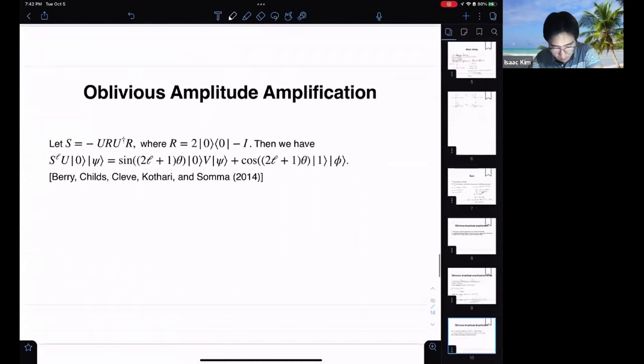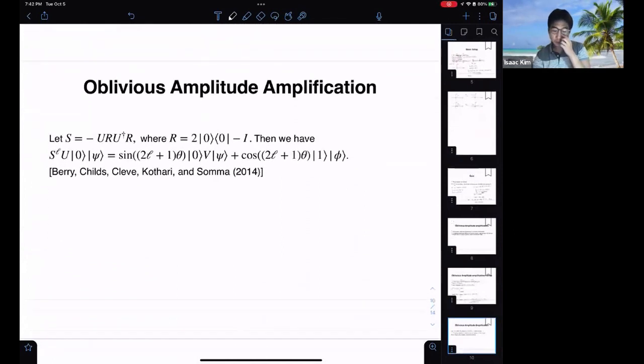And the math behind the oblivious amplitude amplification is slightly more complicated, but what it does is very similar to amplitude amplification. I won't go into details on how this actually works, but I think it'll already be interesting to understand what the statement is about.